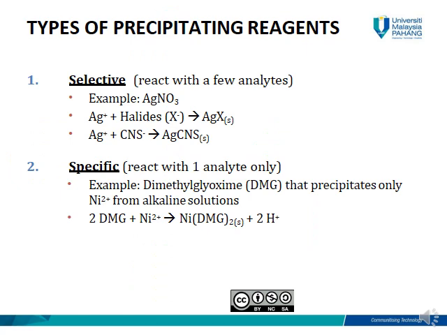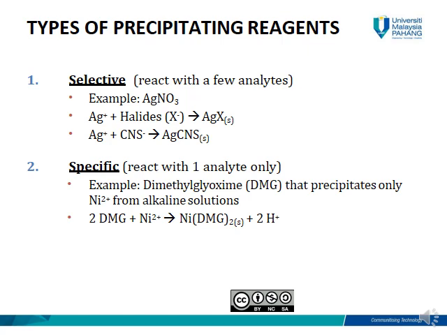When we talk about precipitating reagents or precipitants, there are two types. The first one is selective, and the second one is specific. For the first property, selective, for example, silver nitrate is very selective towards the halide group, the group 7 halogens.